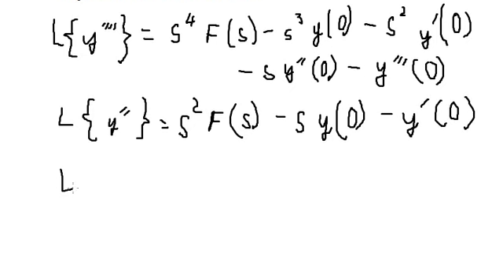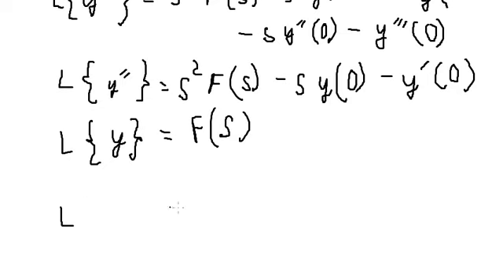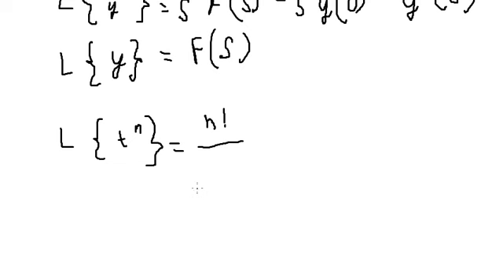And the next one, about t, we have the formula: n factorial over s to the power of n plus 1.